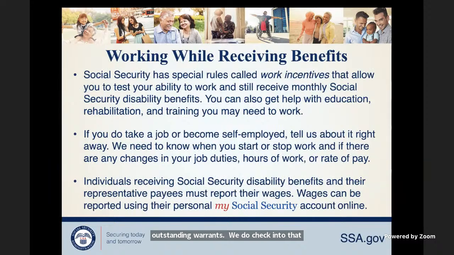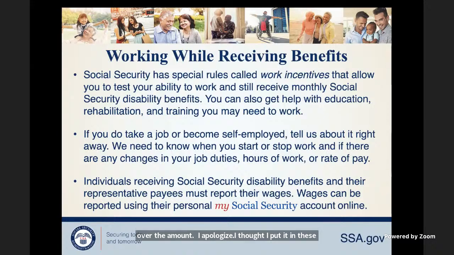So, can somebody work and receive benefits? Well, yes, they can. But the thing is, people don't want to work too much when they're filing for benefits with us because if they go over an amount, and I'm going to give you that substantial gainful activity amount, I apologize, I thought I had put it in these slides.